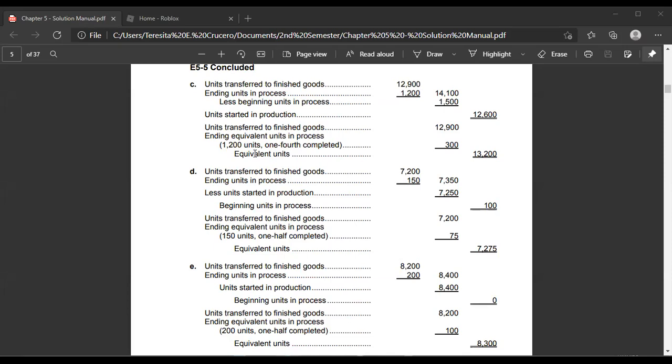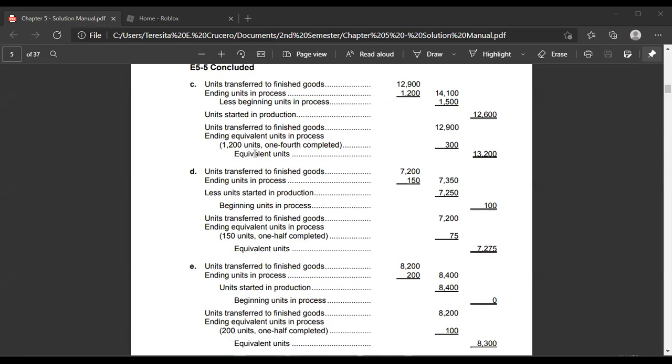Okay, we are still in letter E. Units beginning, missing, and then just started 8,400. The ending inventory is 200 units. We add to the units completed of 8,200, so you get 8,400.